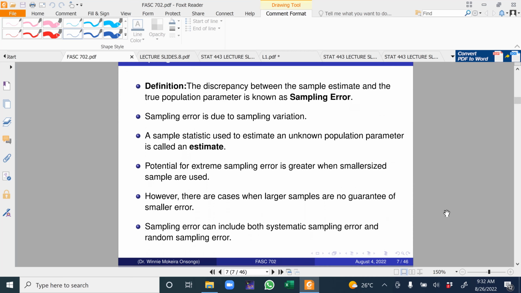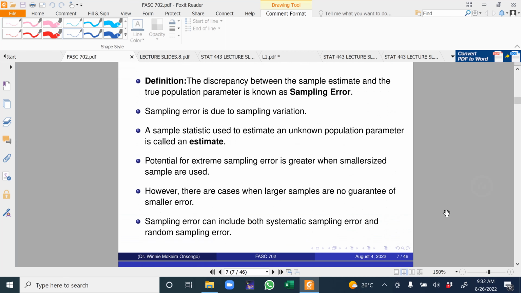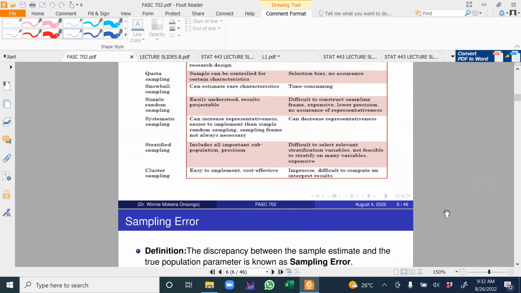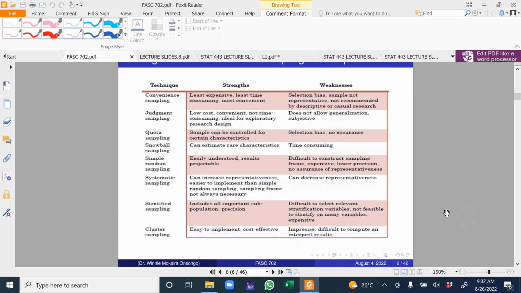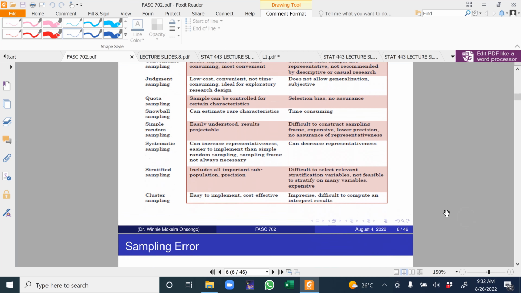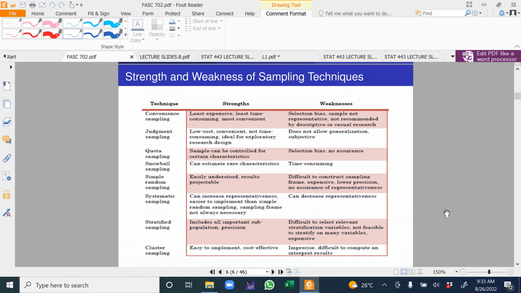Now, I'll stop at this point, and the next recording will be on sampling errors and how to identify sample sizes. So please, those are the main methods of sampling, and for each method of sampling there is a technique.